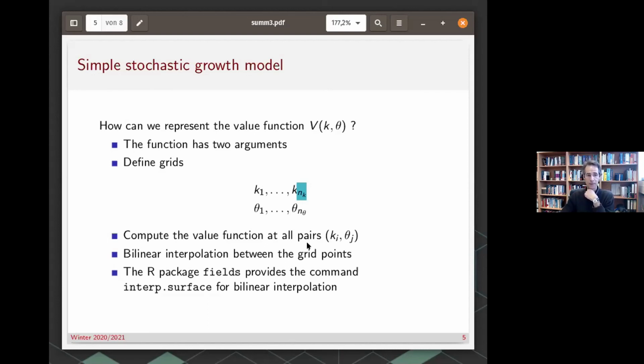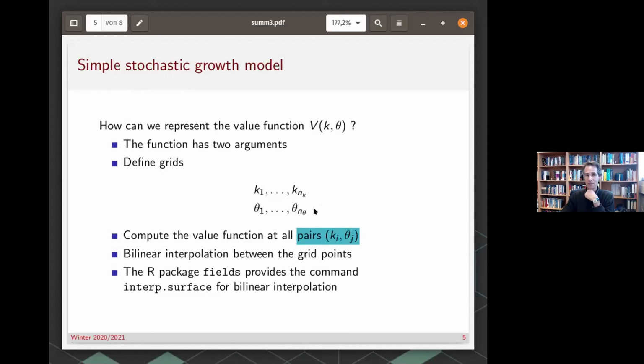All right. And you can see that if you have a fine grid for k, say 1000 grid points, and also a fine grid on theta, say also 1000 grid points, then you have 1 million pairs. So the number of points where you have to evaluate the value function goes up exponentially.